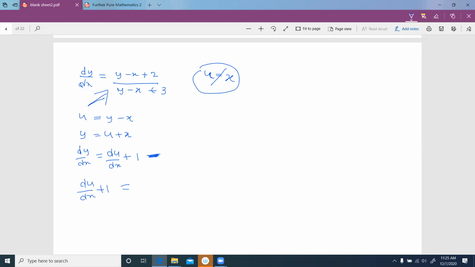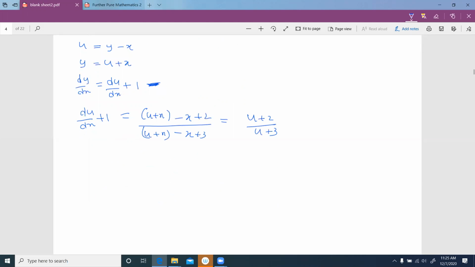What you need to do is make y the subject. y is u plus x, so u plus x minus x plus 2 divided by u plus x minus x plus 3. So this turns out to be u plus 2 over u plus 3, right?